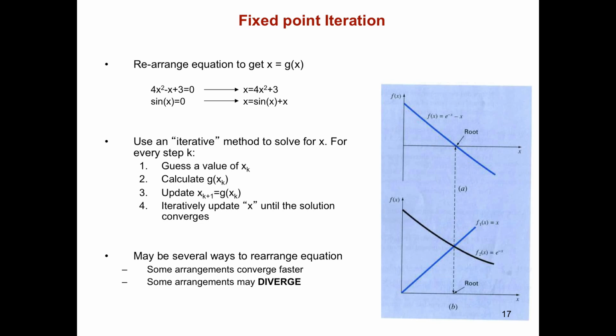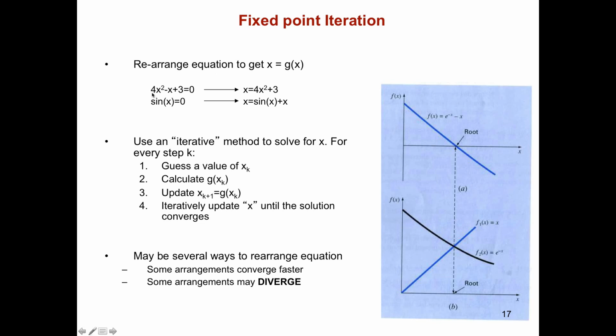Can I manipulate that into a form where x is equal to something else? So my original root finding equation, where I equated something to 0, let me rearrange that and put x on the left hand side and everything else on the right hand side, and let's see whether that works.